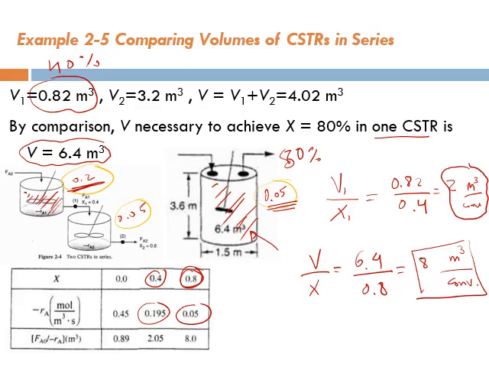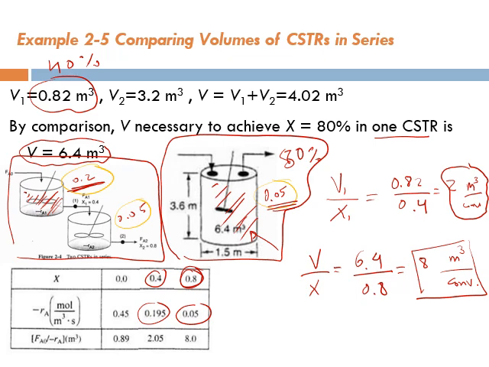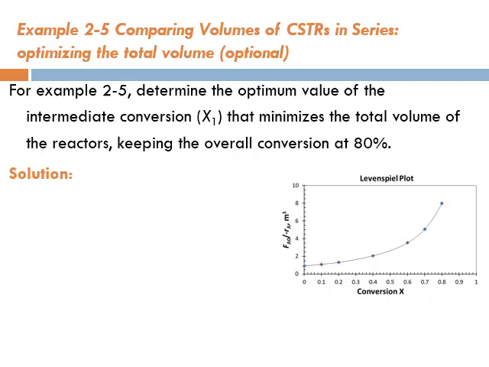Hence, the total volume for this setup became less than the total volume in this setup, because the first reactor in the reactors in series setup is operating under high rate of reaction, therefore it requires less volume per conversion. Okay, I hope it's clear for you guys.